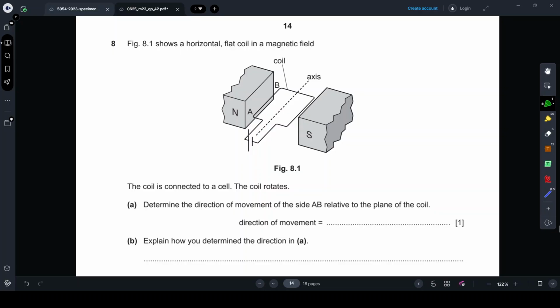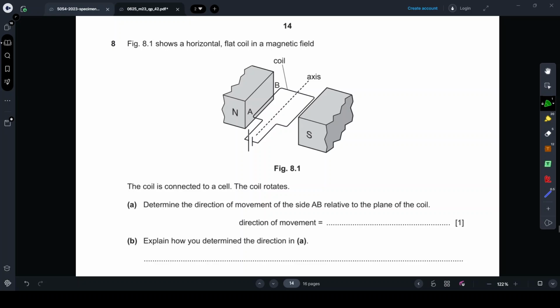How? Are we going to use the hand thing? Fleming's left hand rule, yes. So your index finger is what now? Your index finger, what does it show? Magnetic field, yeah. So the magnetic field is north to south.